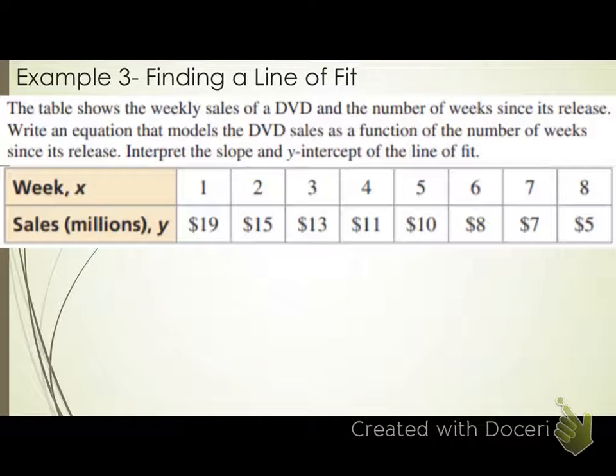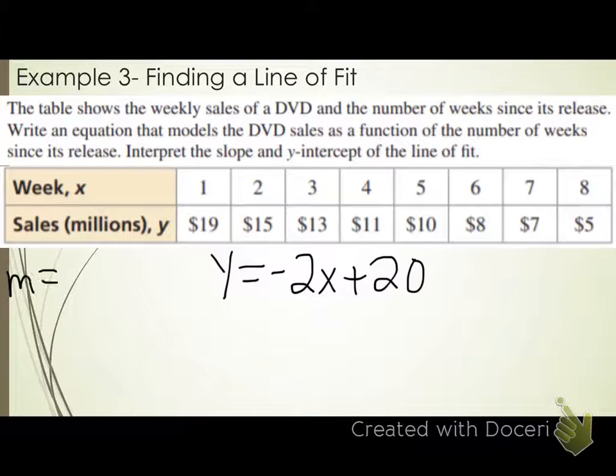Right? So what was my equation? There's my equation. What is my slope? -2. What's my y-intercept? 20. It wants me to interpret those according to this situation that it gives us.